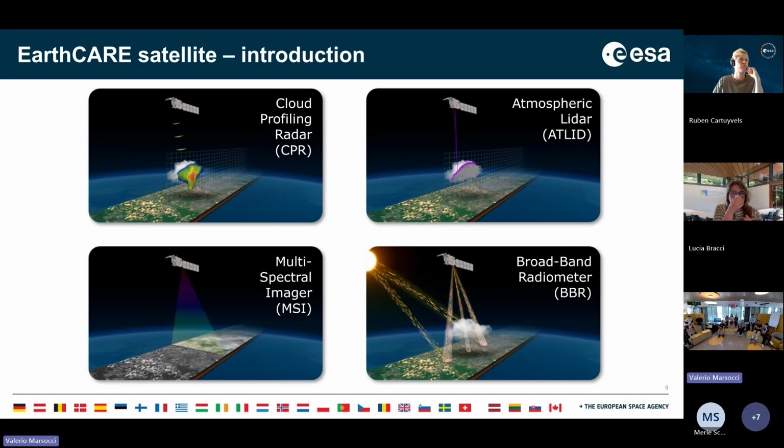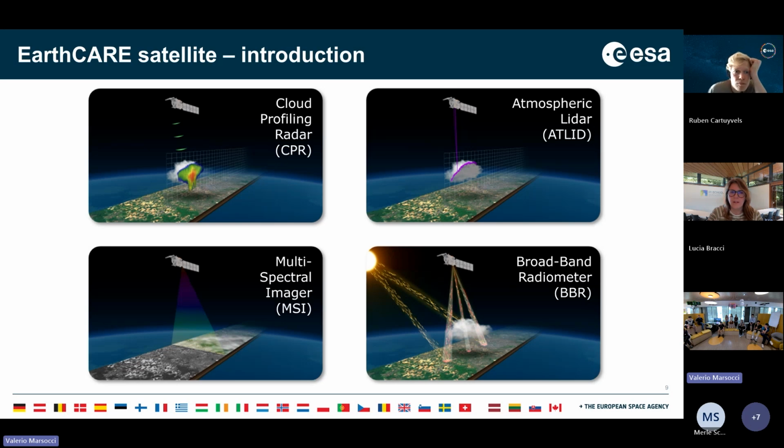First of all, we have the cloud profiling radar here on the top left. This radar is really good at measuring large cloud particles and precipitation. It also has Doppler capabilities, so it can give us an estimate of how fast particles are moving up or down. And as you see, it gives us this sort of profile through clouds.